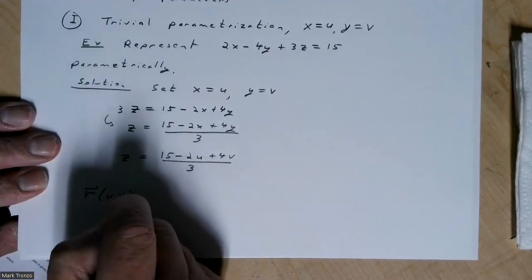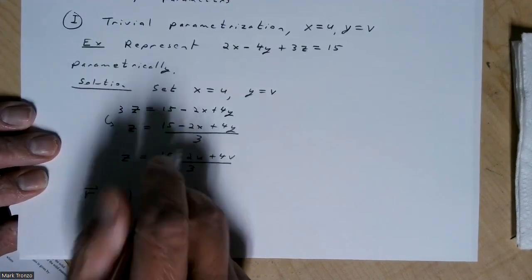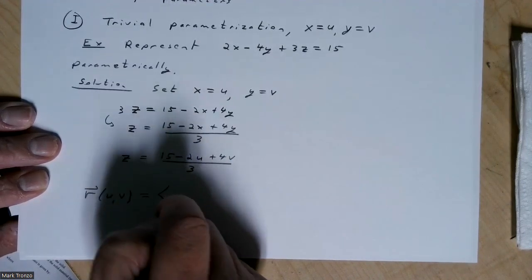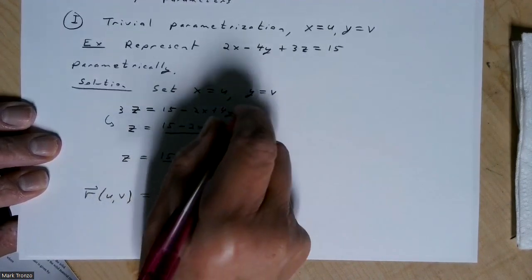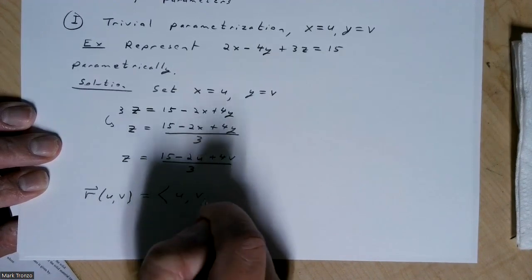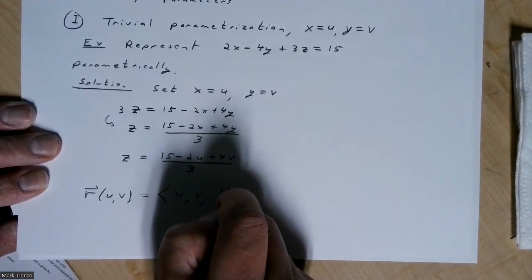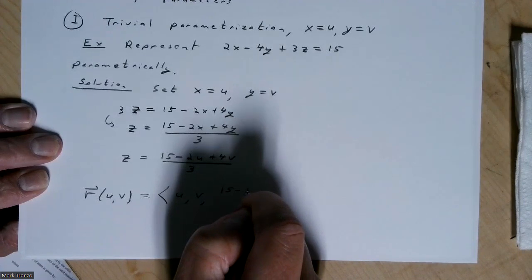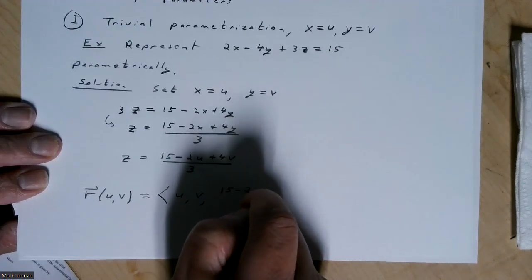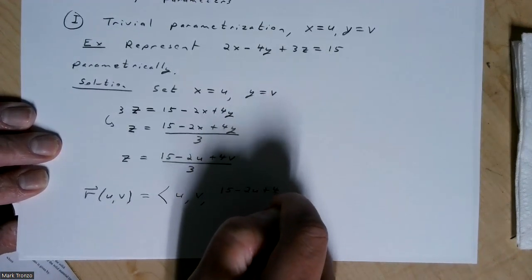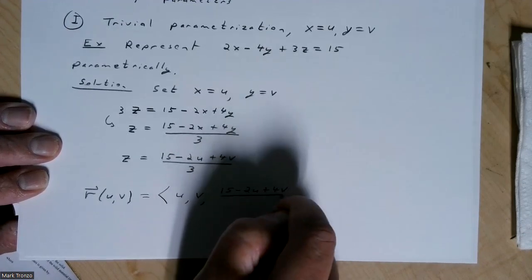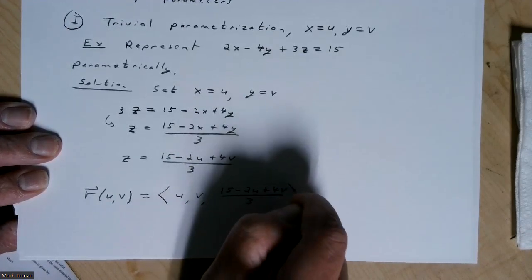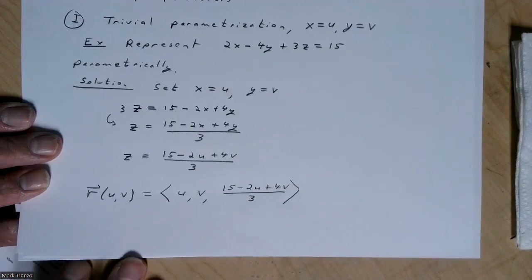r(u,v) equal, the first one is u, y is v, and (15 minus 2u plus 4v) divided by 3, like that.